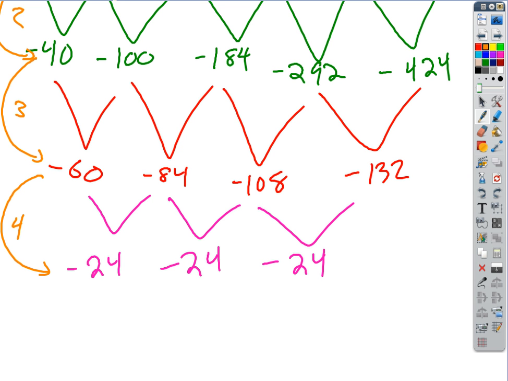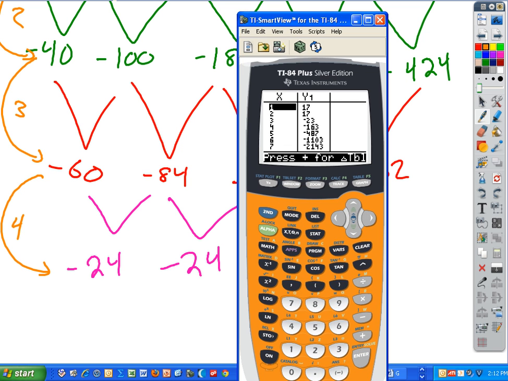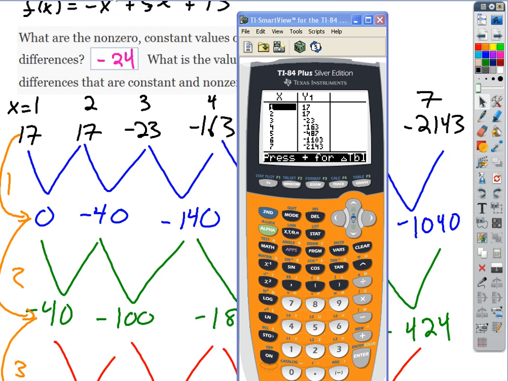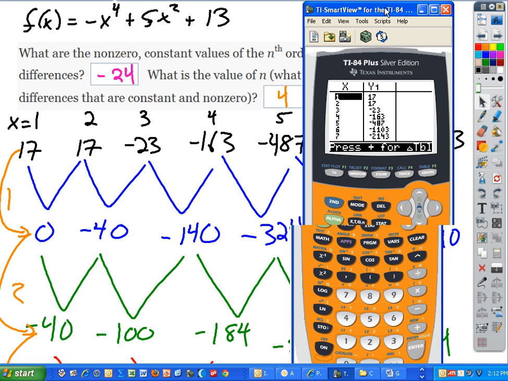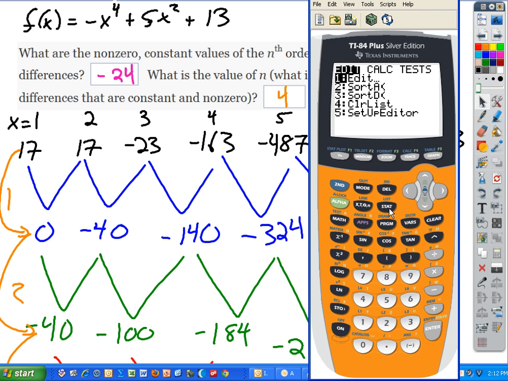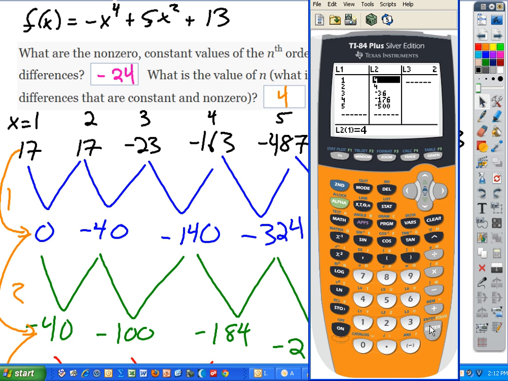Now, in our calculator, once we know the degree of the polynomial, all I have to do is regression. So once I know it's 4th degree, I can go to my handy-dandy stat editor, stat edit, and put in the x and y values.